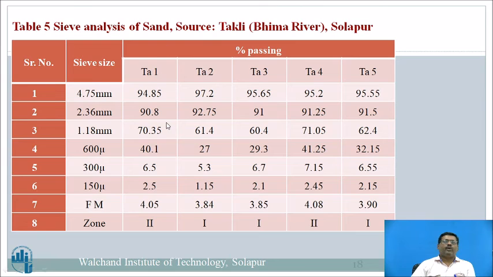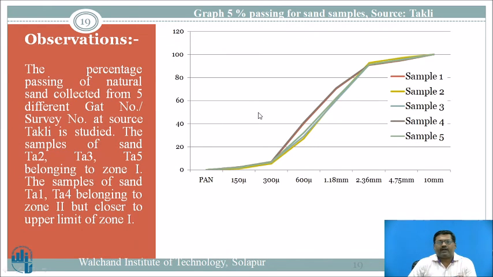So the graph is also plotted, and according to this graph you can see here this red sample is the first sample which is lifted here. For this portion the percentage passing for 600 is high, that's why it belongs to zone 2.